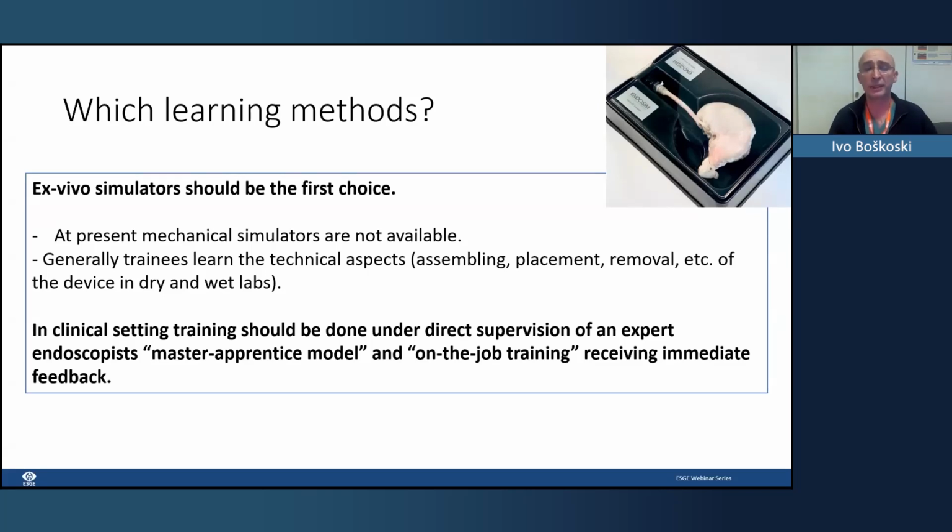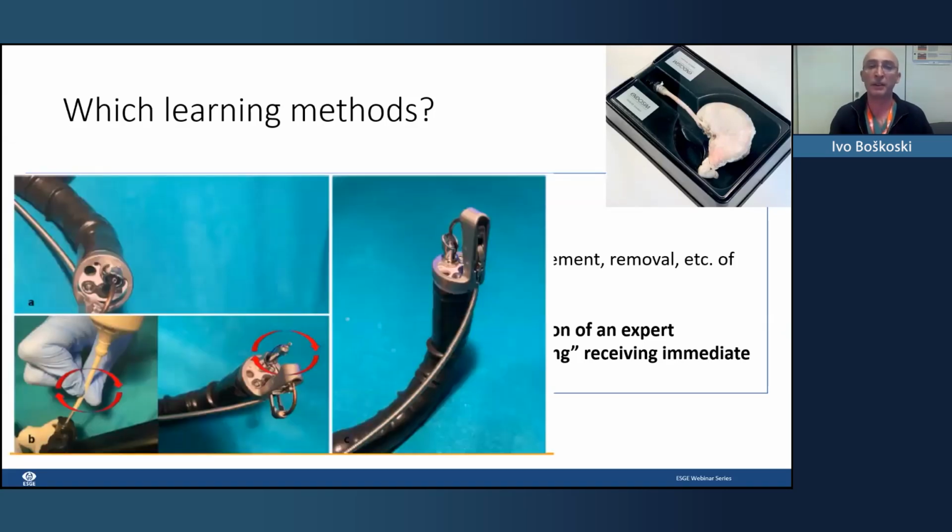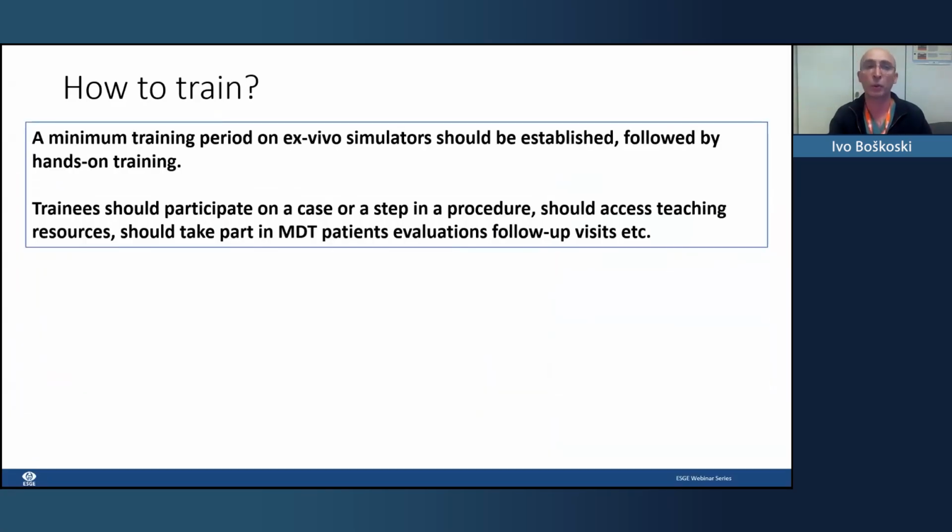In the clinical setting, the training should be done under direct supervision of an expert endoscopist. This is the master-apprentice model of on-the-job training, receiving immediate feedback. Then in dry labs, you can try the device, you can try how needles perform, how the device feels, the haptic feedback, and so on.